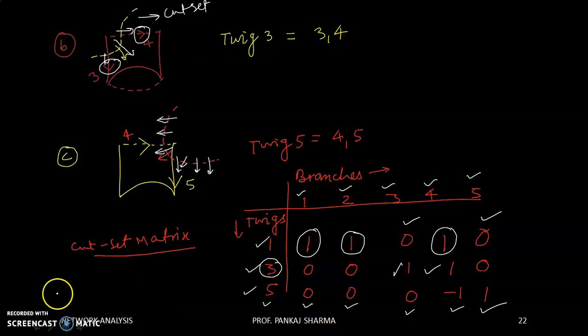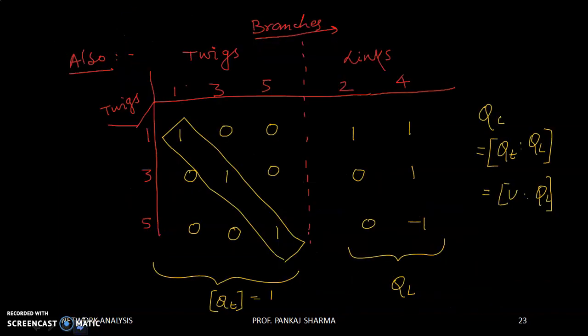This is your cut set matrix, the fundamental cut set matrix, and in this way you can have the cut set matrix. Let us separate the twigs and the links by a dotted line.